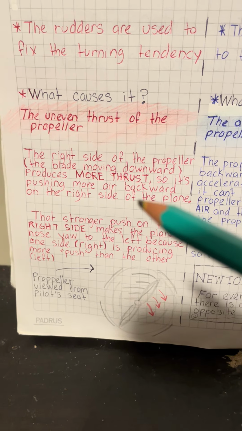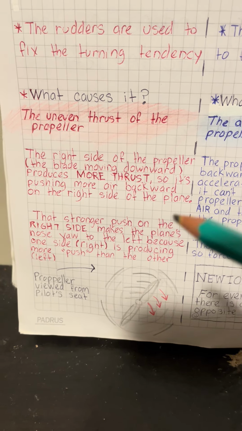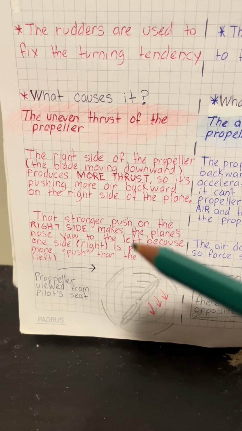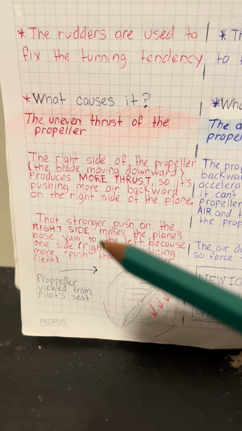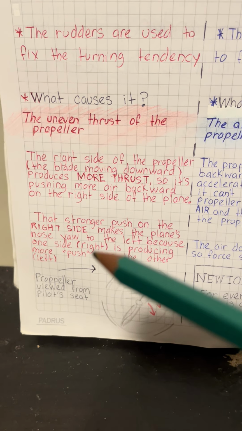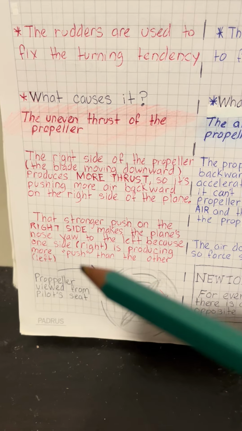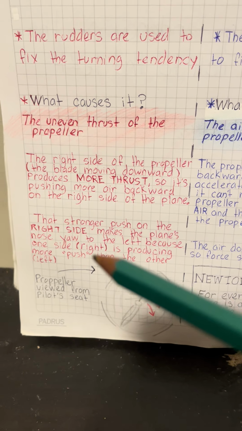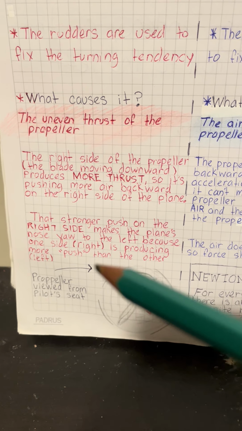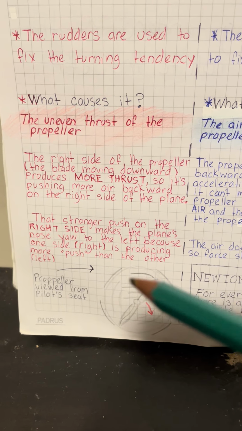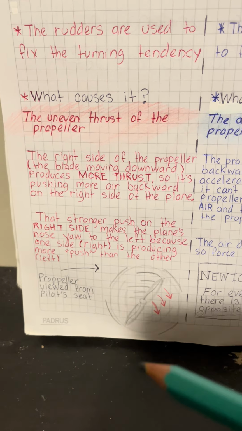So it's pushing more air backward on the right side of the plane. The stronger push on the right side makes the plane's nose yaw to the left, because one side, I'm talking about the right, is producing more push than the other, in this case, the left side.